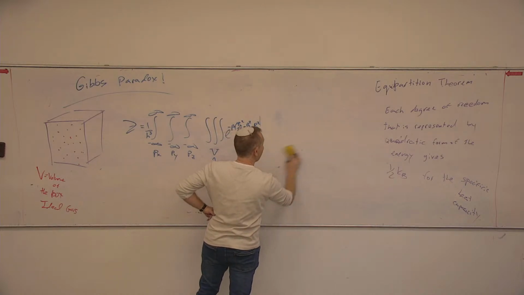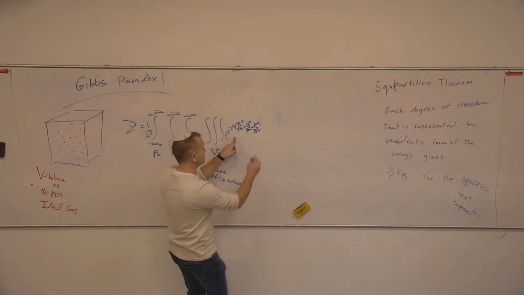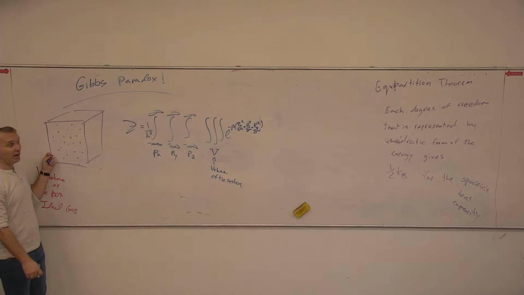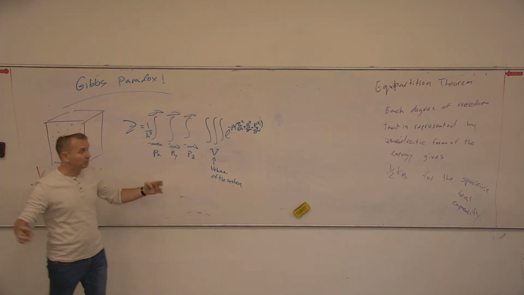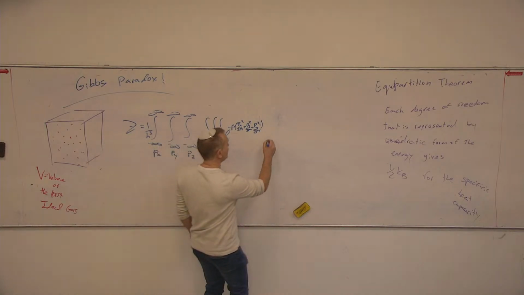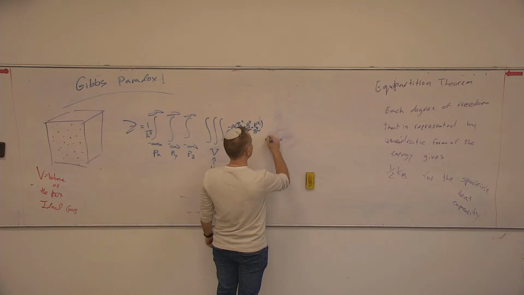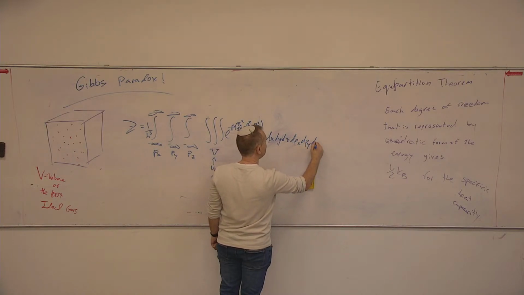We absolutely have no interactions between the particles, so we have only kinetic energy, and the interaction with the walls is described as what? As boundary conditions. The particles cannot escape the volume, this box. So we have dx, dy, dz, dpx, dpy, dpz.